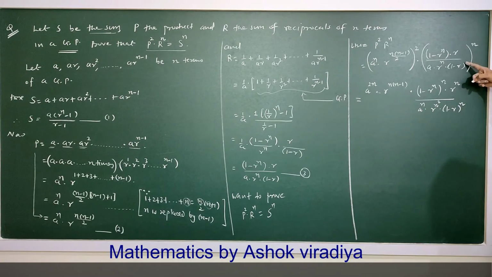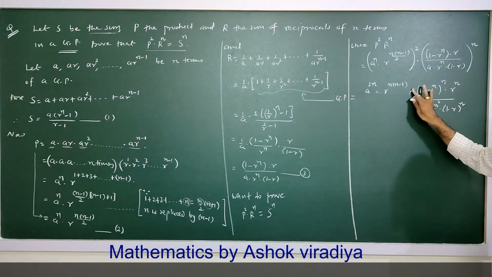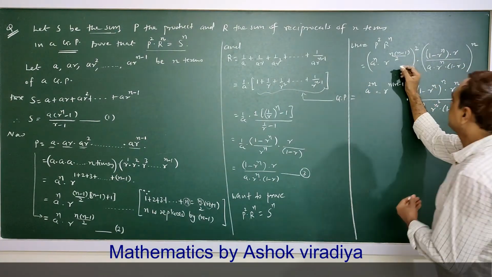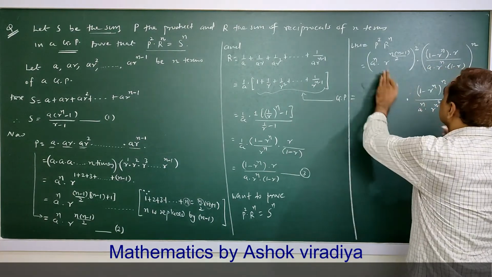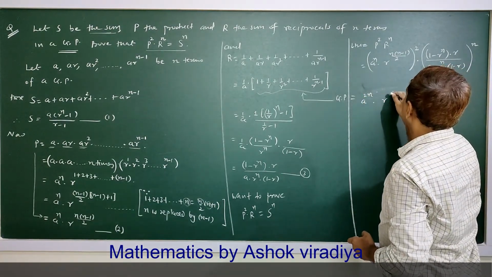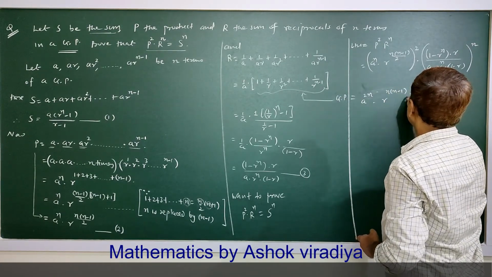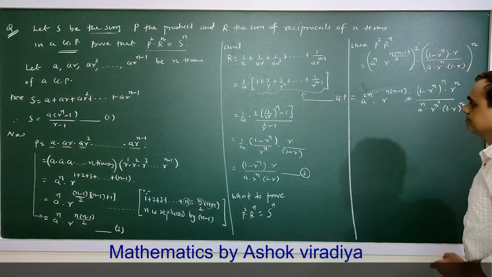So inner power is multiplied with outer power. So this is equal to this number, let me keep it in a level: this was a raised to 2n into r raised to n into n minus 1 into this number.